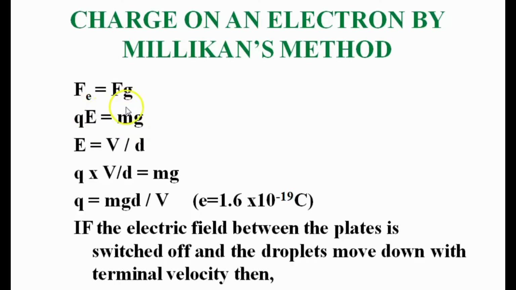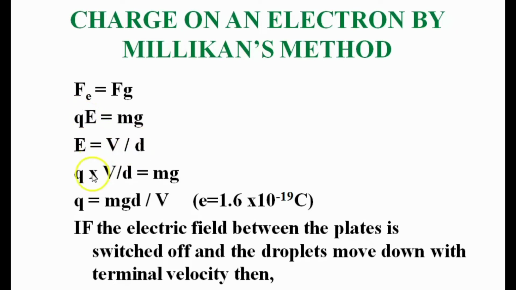We know that weight is equal to mg. Now, electric field intensity is equal to V upon d, as we have read in the topic potential gradient, that electric field intensity is equal to electric potential divided by distance between the plates. Now put the value of electric field intensity in the above equation.